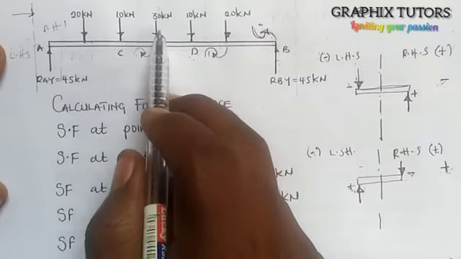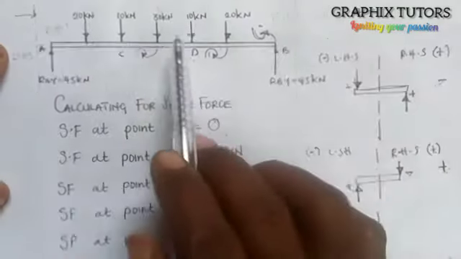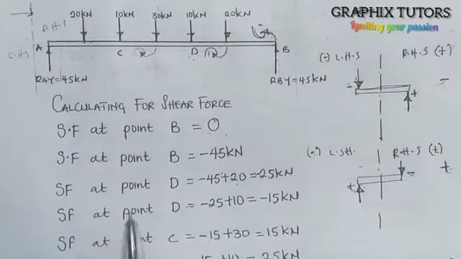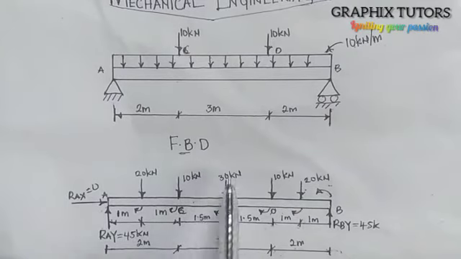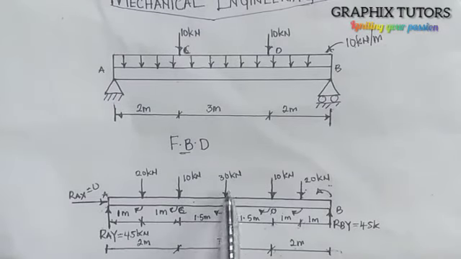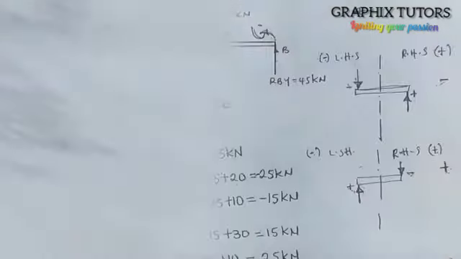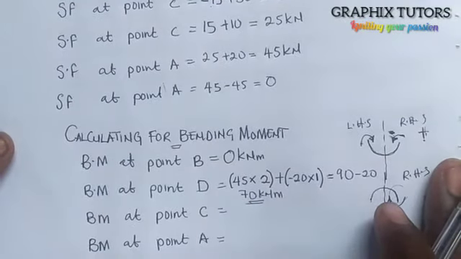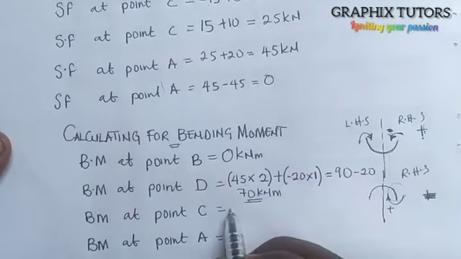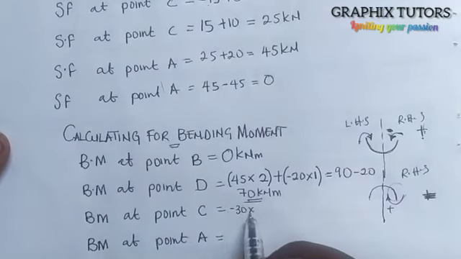So we say minus 30 times distance between 30 and 10. Let's see. Distance between 30 and 10, which is this, is 1.5. So minus 30 times 1.5. Right?